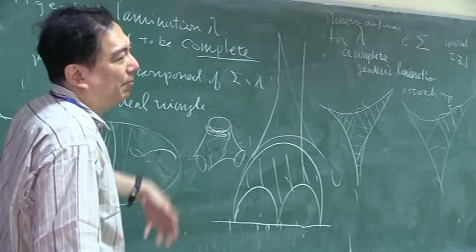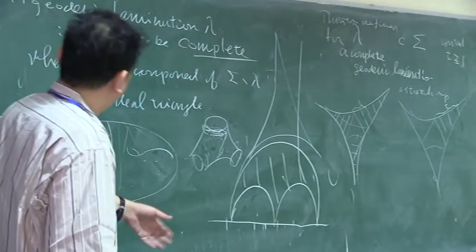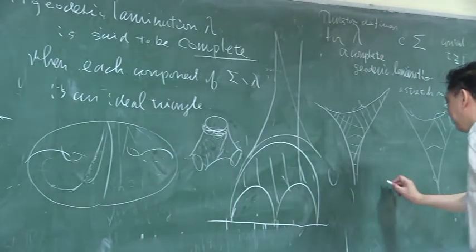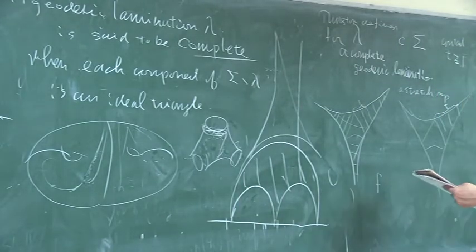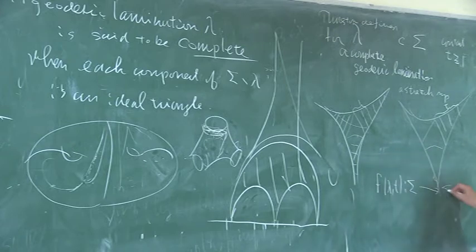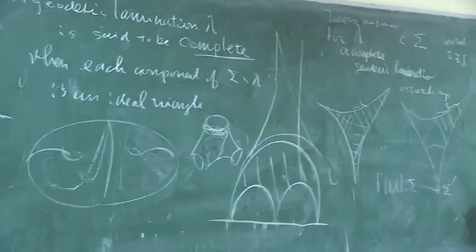Then it can be extended to the entire surface. So you have a map, which probably depends on lambda and t, from sigma to some hyperbolic surface sigma prime. So it's called a stretch map.